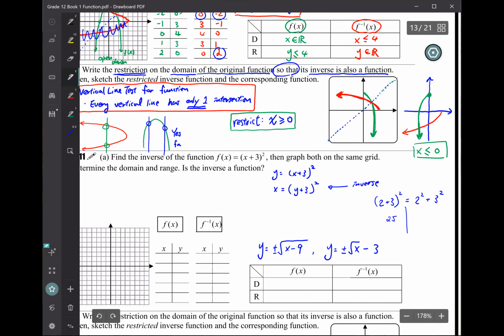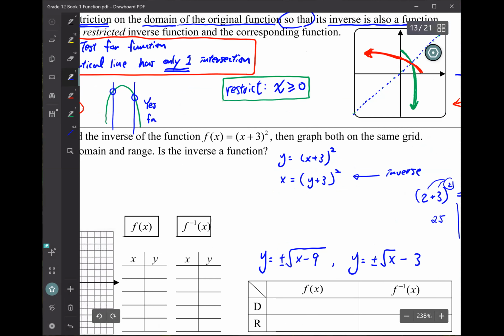Yeah, very good. How about the right side? 13. It'll be 13, right? So that's why you cannot distribute the square if the inside is add or subtract, okay? So instead of bringing in the square, we want to get rid of the square first.